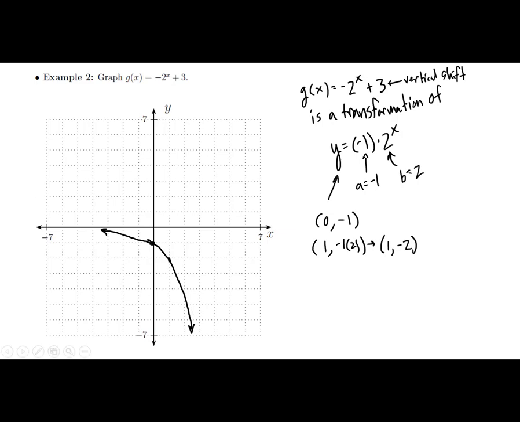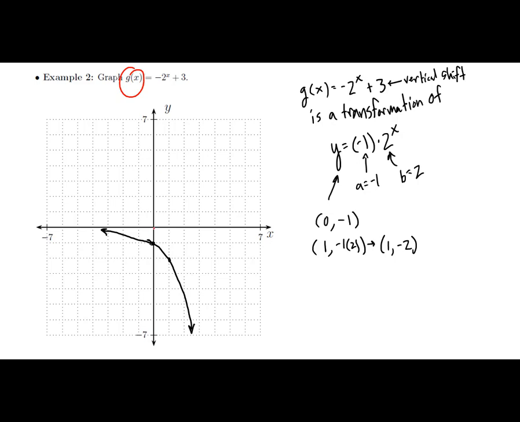All right, so what we can see then is that this here, let's circle that in red, is just this function but shifted vertically up 3. So what's that going to do? Well, that's going to move my horizontal asymptote up. And anytime our horizontal asymptote is not lying on the x-axis, we should actually draw it in.